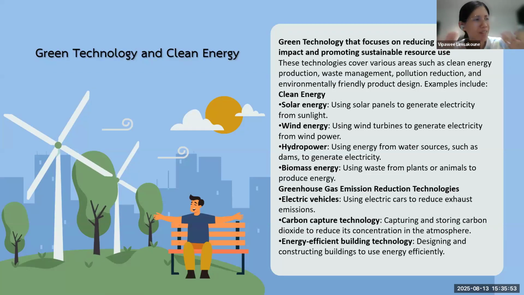But still, I believe there are many other chemicals that could be greenhouse gases. So some potential solutions could be using electric vehicles to reduce exhaust emissions, such as carbon dioxide and carbon monoxide gas. In general, we have a catalytic converter in the car.